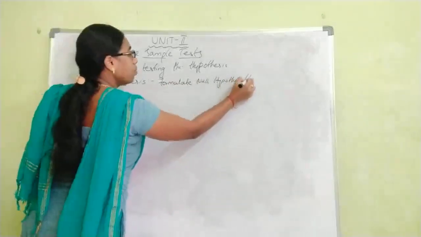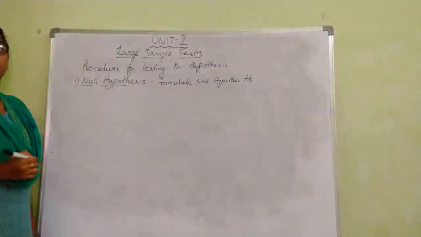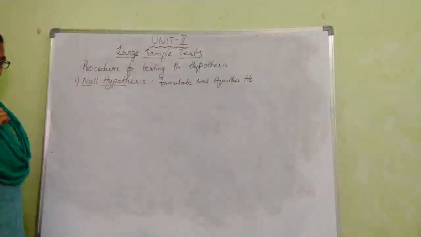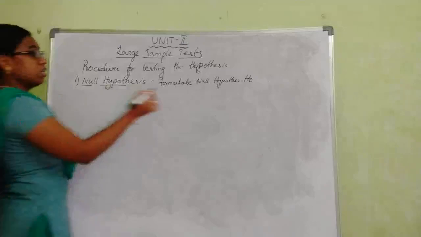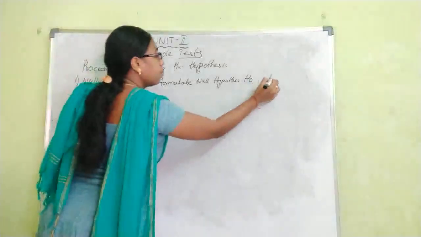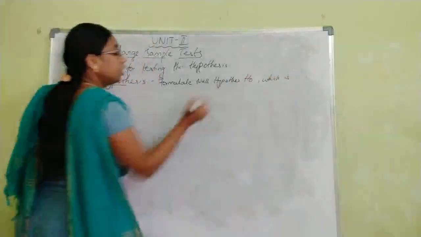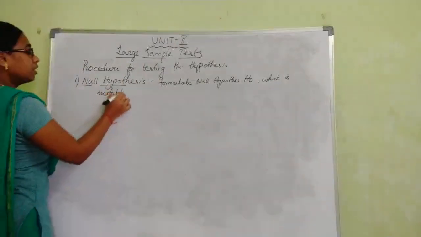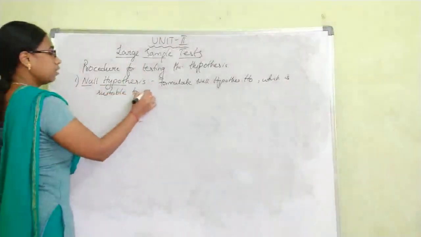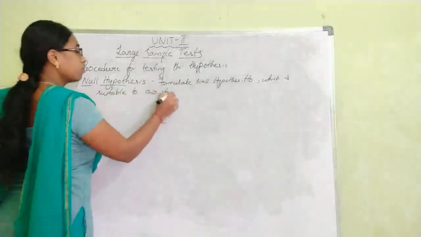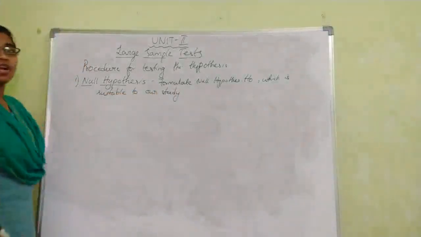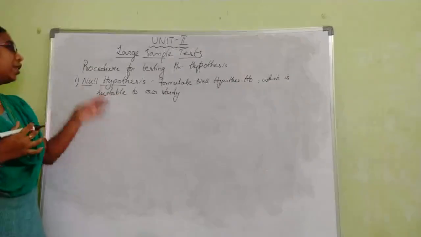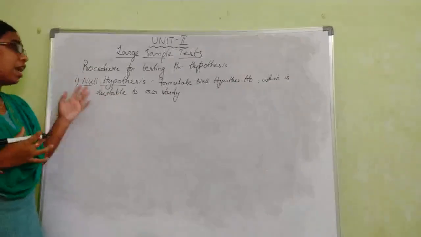This null hypothesis is denoted with H naught. This H naught should be suitable to the problem under study. Whatever null hypothesis we are defining should be suitable to our study. Whatever problem we are dealing with, related to that only we have to write the hypothesis.